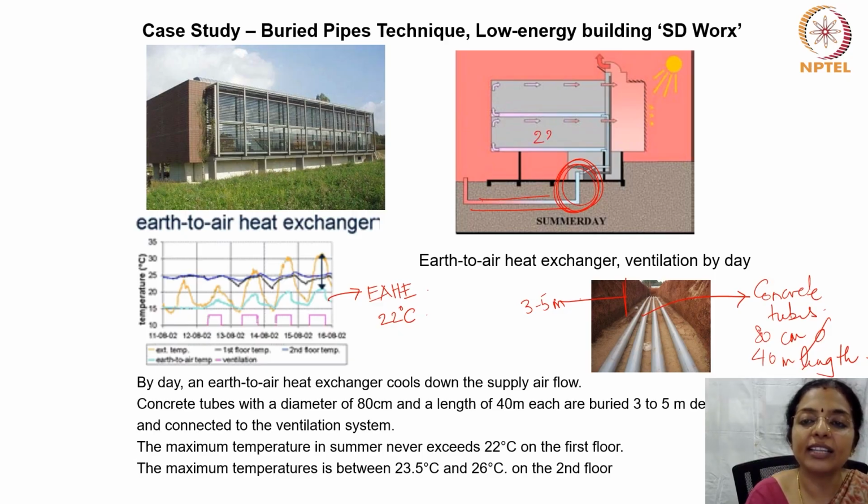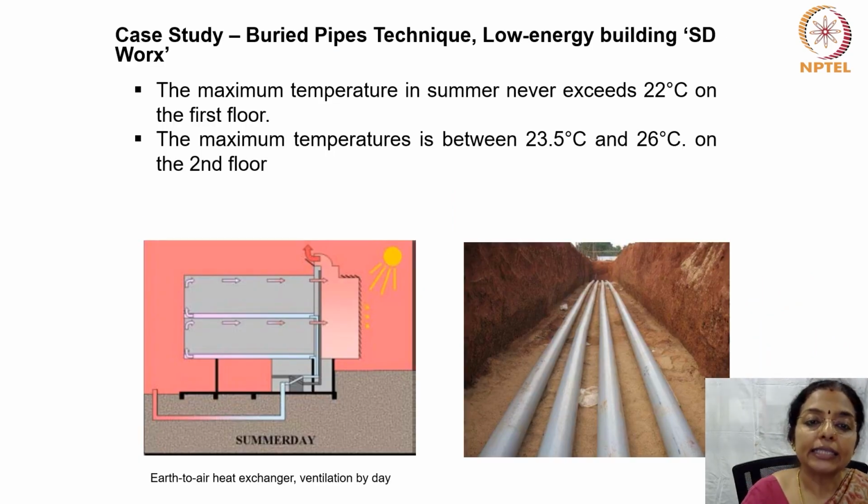Here the temperature is always around 22 degrees centigrade or less. And on the second floor, it is always between 23.5 to 26 degrees centigrade. This is during the summer period. So you can see the humongous amount of energy savings that can happen because of using earth air tunnels.